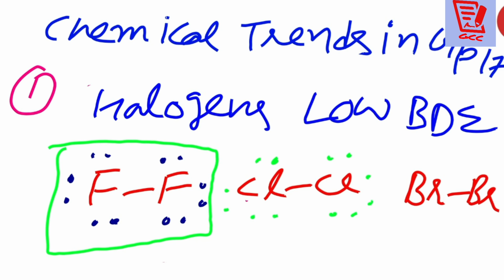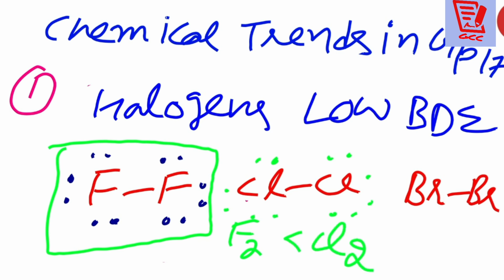Okay beta. And the second thing they are saying is that F2 has the least bond dissociation enthalpy. I will write the values for you, please see, all of you.